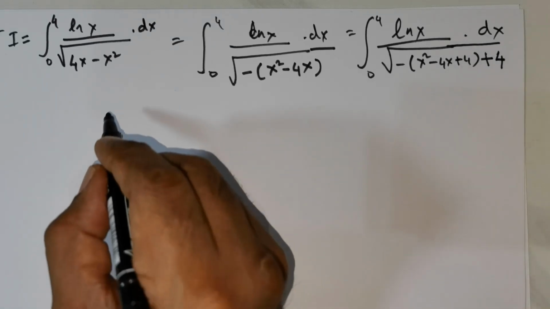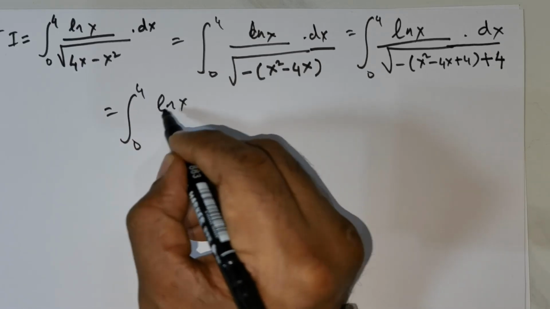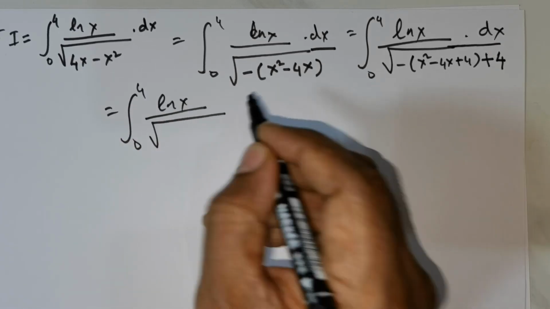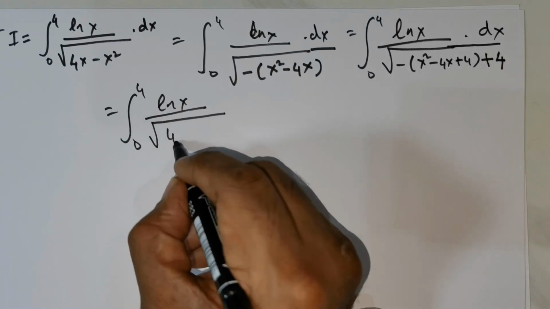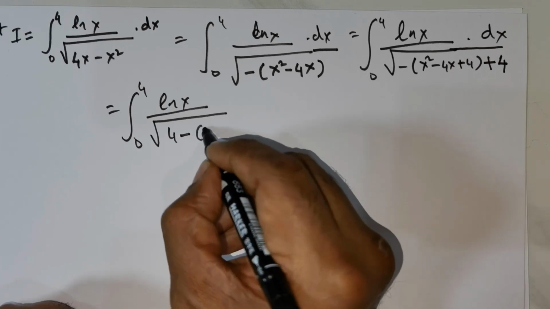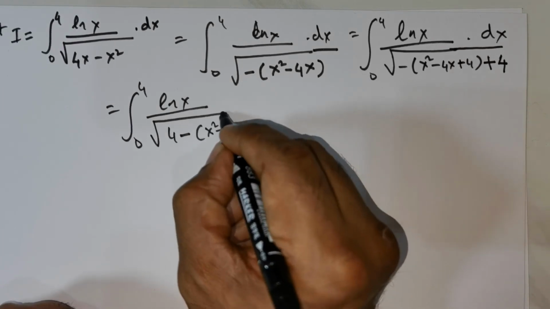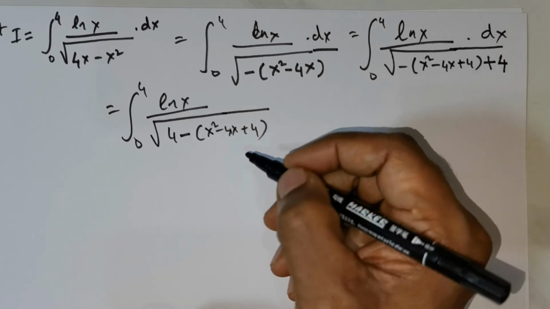Now this can be rewritten as the integral from 0 to 4 of ln x divided by the square root of, with 4 being the leading term, followed by negative of x squared minus 4x plus 4.